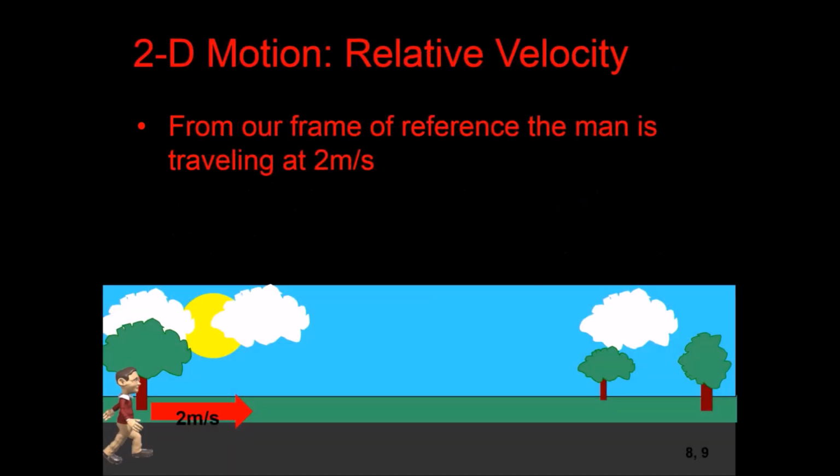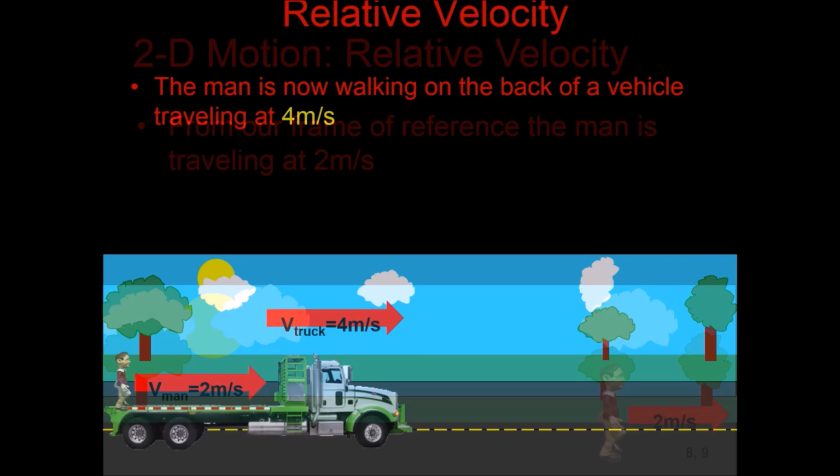So taking a look at this situation, from our frame of reference, this man is moving at 2 meters per second. And even though he's still walking, he's still standing still at this point. Take the same man.